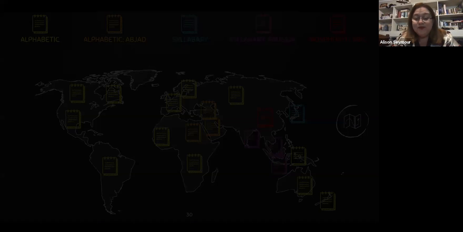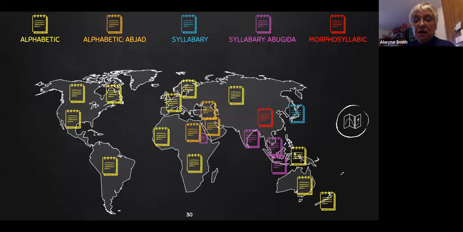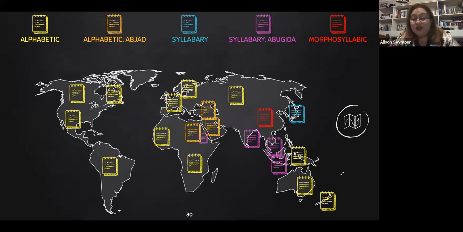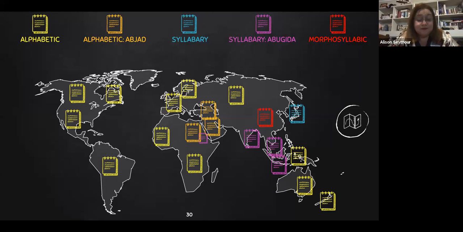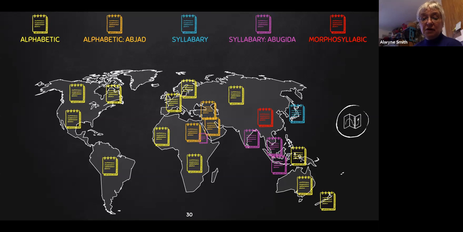Can I add a comment to that map? Yes. We've got one significant lack, and that is in your alphabetic, Vietnamese is actually alphabetic. Actually, that's a really good point. Yes. And so, yeah, I could have put that. You know, on the whole, yes, they are the Abugida, but the one that stands out is Vietnam, because of colonization.